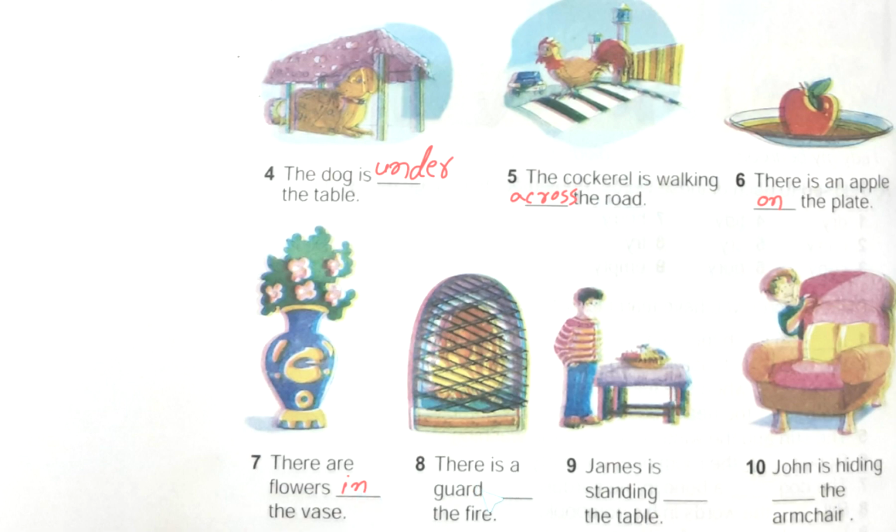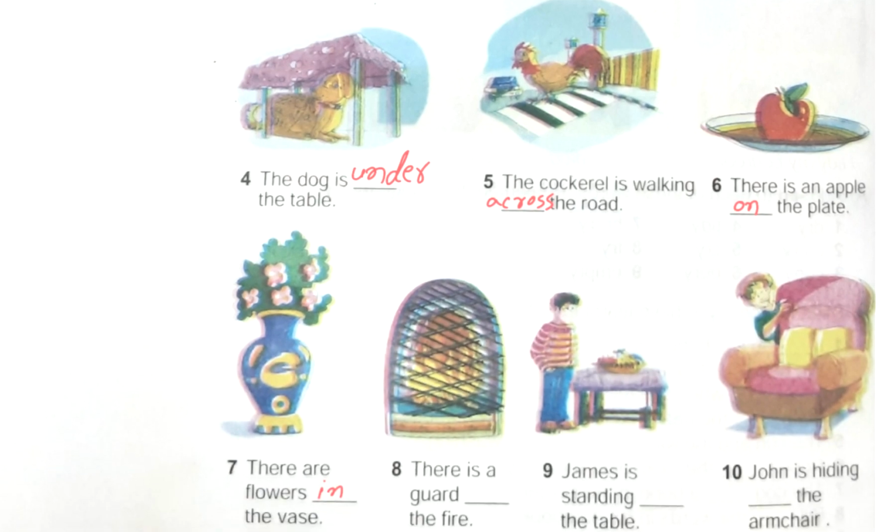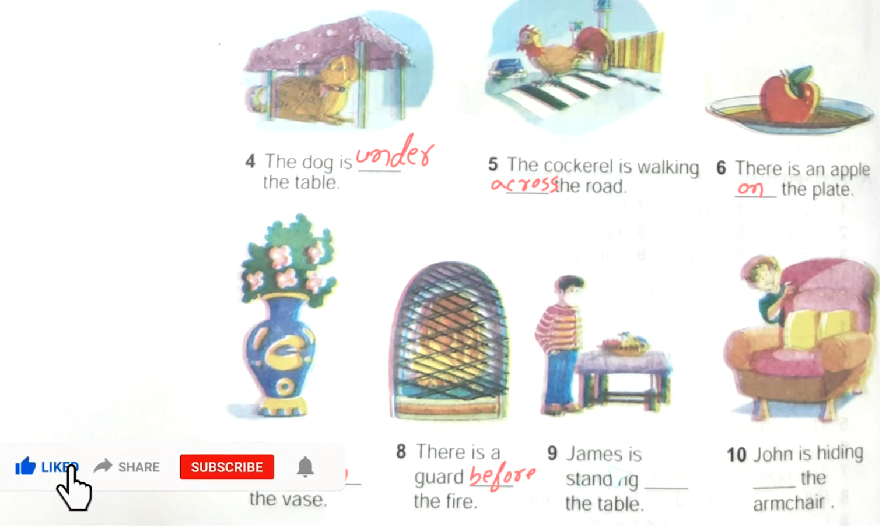Next one, there is a guard dash the fire. Which one can be put here? We can put before. So let's put it here. There is a guard before the fire. Number 9, James is standing dash the table. This is so easy.